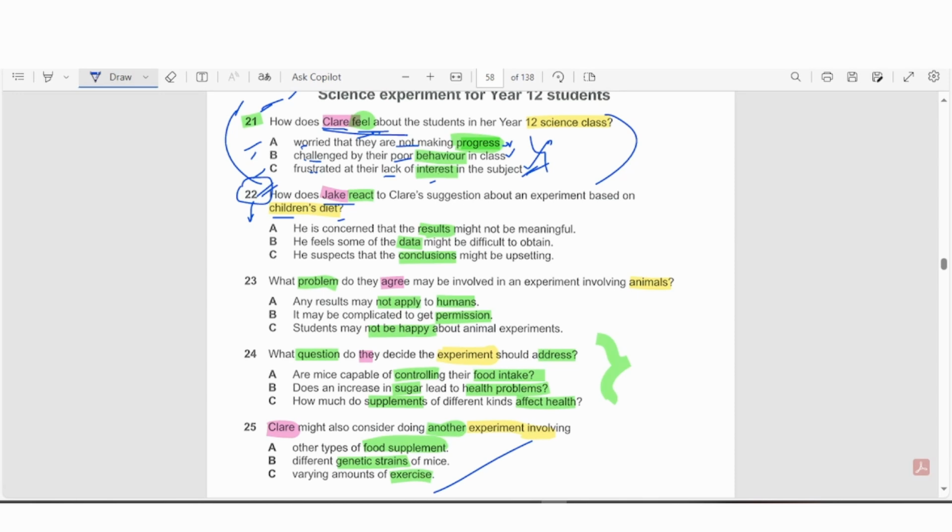Right. Have you thought about doing an experiment using animals? Wouldn't that be upsetting for the children? Well, the animals don't have to be harmed in any way. It could just be an experiment where they're given a certain diet and the effects are observed. Would I have to get permission to use animals? Yes. You'd have to submit an outline of the experiment and fill in a form, but it's quite straightforward.